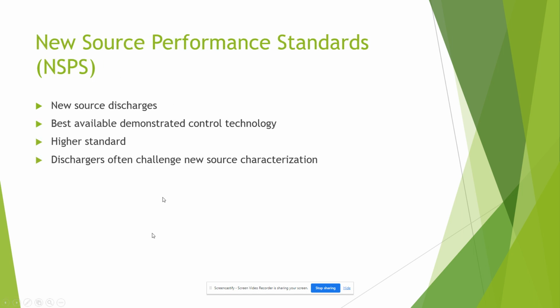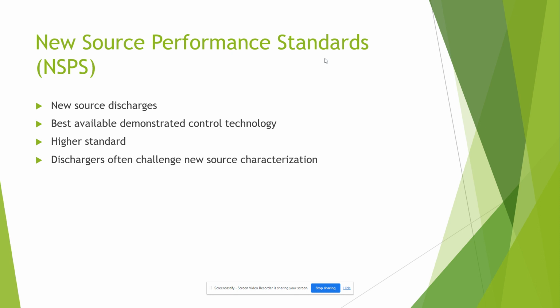Okay, now this is where this BADCT comes in, this highest standard. They're called new source performance standards. Okay, so we have a permit. I've been discharging under the permit for a while, but now I want to create another factory, or I am going to have another piece of machinery that needs to discharge from a point source.